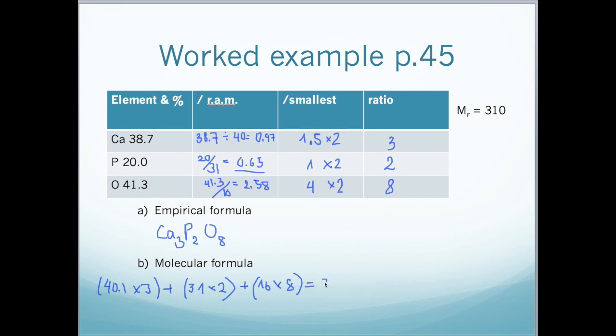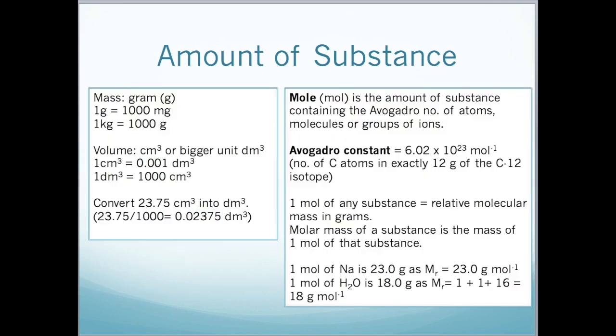So the total comes to 310.3. So because this number and this number are very similar, I think if we did the calculation with more precise values here, we'd probably get 310. So it's numerically the same as the molar mass of 310. Therefore, the molecular formula is also Ca3P2O8.